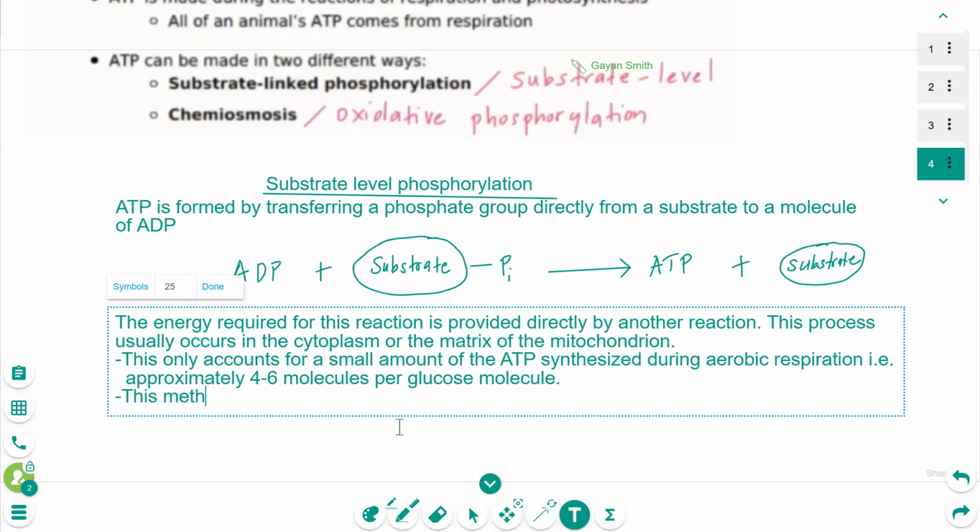This method is also utilized during glycolysis, and requires an enzyme.